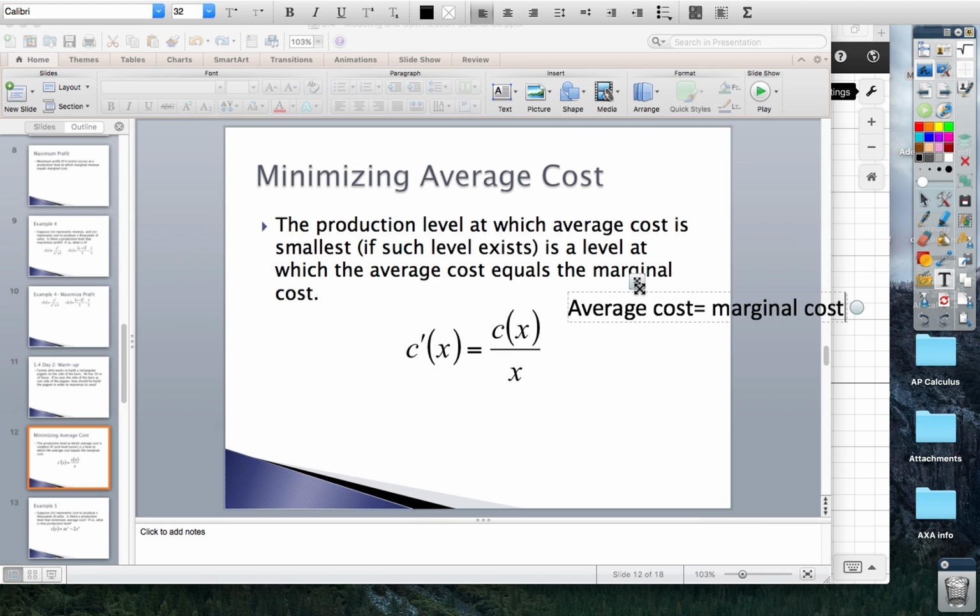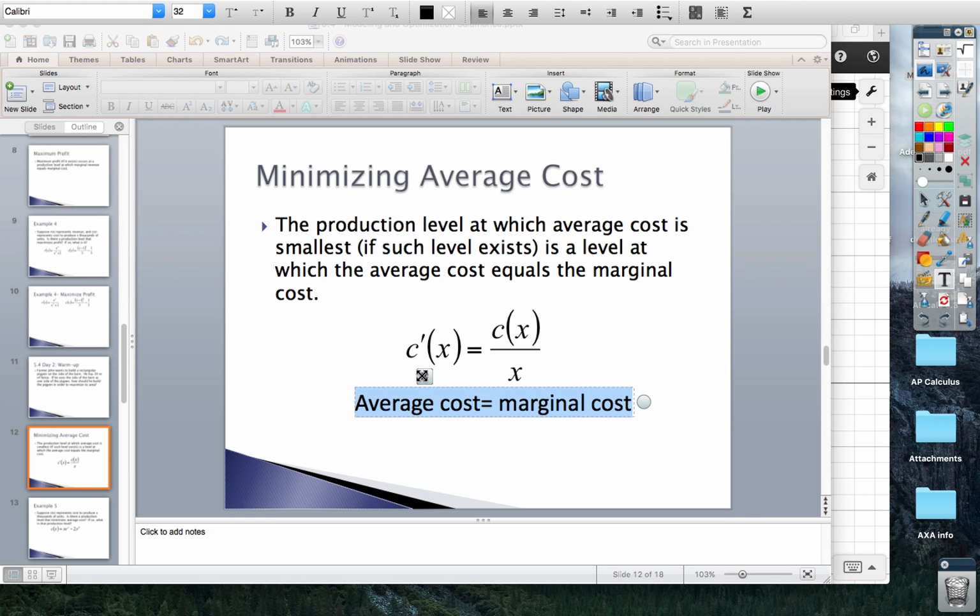Huge deal. Remember, marginal means we're taking the first derivative of the cost formula. So matching that up with our equation below, I'm going to rewrite it just so it matches: marginal cost equals average cost.